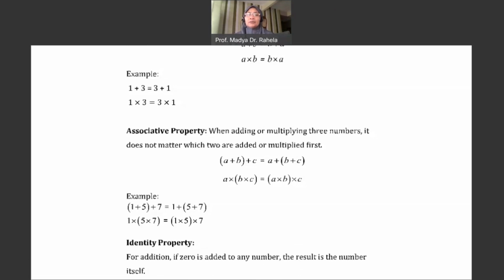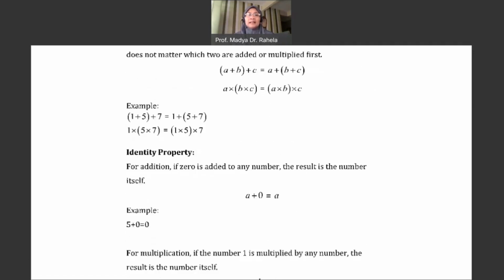The same also goes for multiplication. We can multiply the last two numbers first and multiply by the first, which is the same as multiplying the first two numbers first and multiplying by the third number.